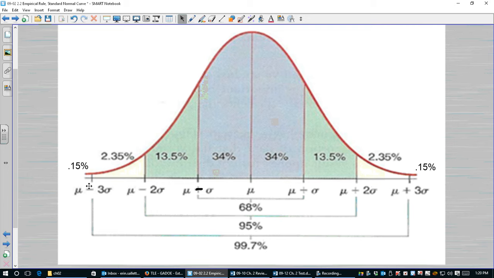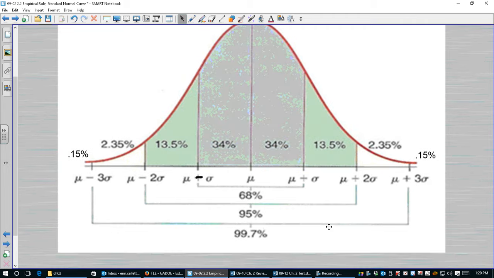And a third and final standard deviation out, you'll get 2.35%. That leaves 0.15% in the tails here, beyond 3 standard deviations of your mean. So this is where the 68, 95, 99.7 rule comes in, or the empirical rule.